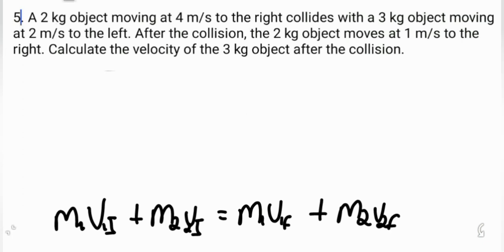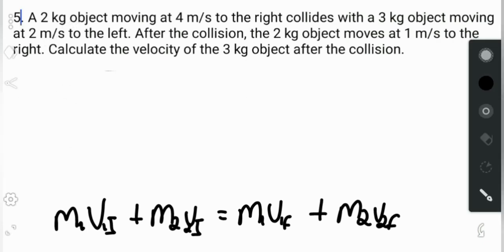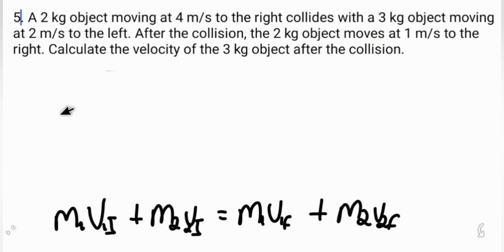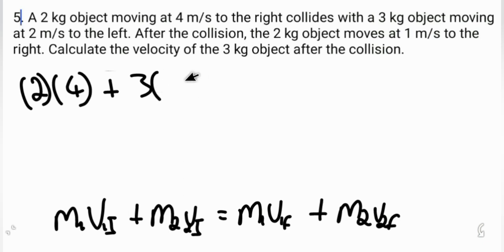So the mass of object number 1 is 2 kg, times its initial velocity, moving to the right at 4 meters per second, plus the mass of object number 2, which is 3 kg, times its initial velocity of 2 meters per second to the left, which is going to be -2.